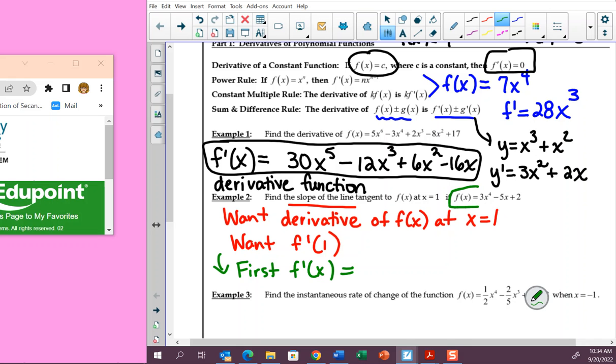All right, so here's f of x, and we're going to run into one more little shortcut, or one more trick here. 3x to the 4th minus 5x plus 2. My derivative would be 12x cubed minus 5.